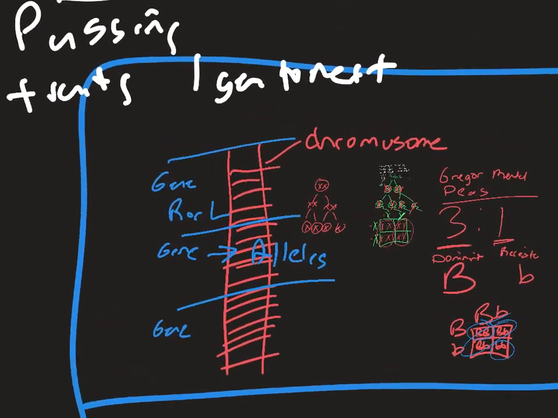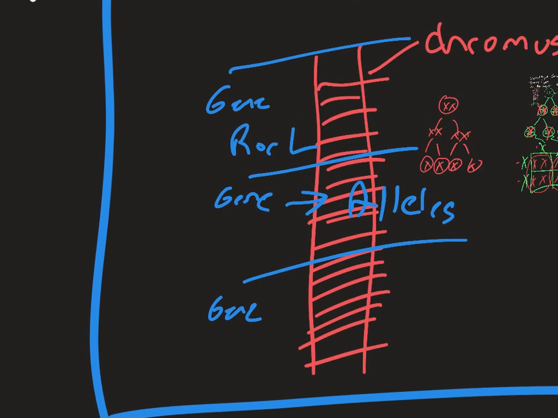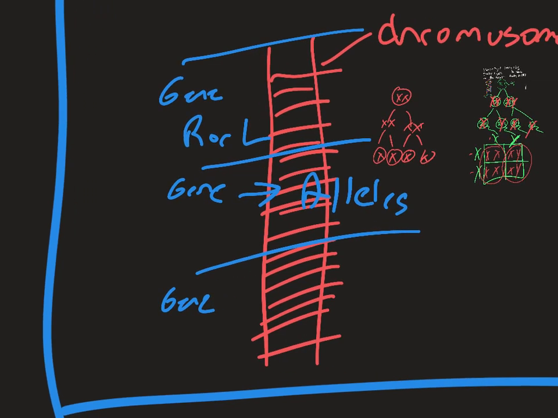The biggest thing that it all revolves around is this strand. This strand of DNA. We've talked about the fact that the ladder is twisted, and twisted really tightly. We call that a double helix.